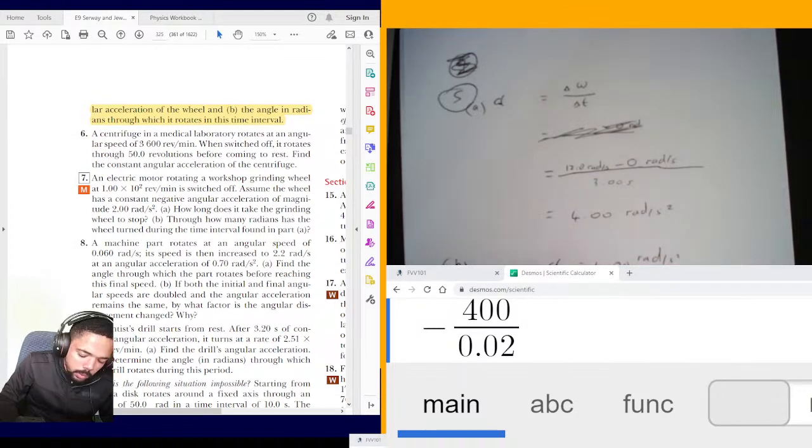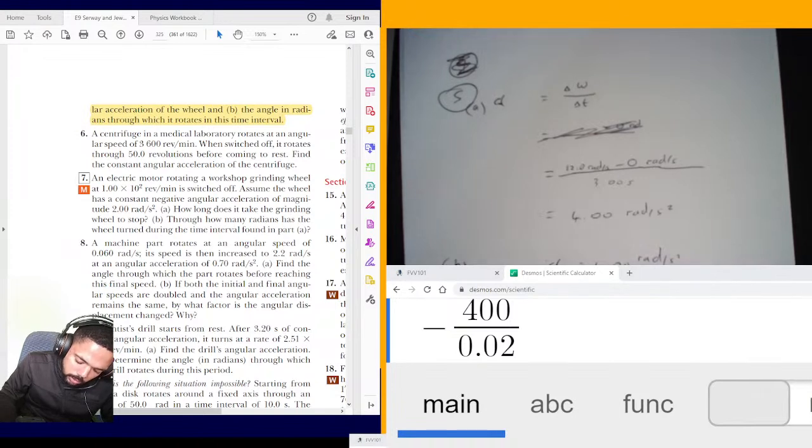Now we want the angular position after 3 seconds, in radians. This is the formula you will use to get angular position: the initial angular velocity times time, plus half the angular acceleration times time squared.